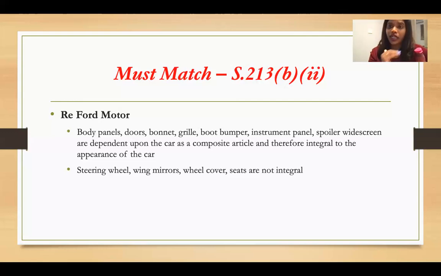We know that the body panel, the door, the bonnet, the grille, the boot bumper, the instrument panel, the spoiler, the windscreen, all these are considered as a dependent product or a dependent article, purely because if you change this, automatically the car will lose its integral part.